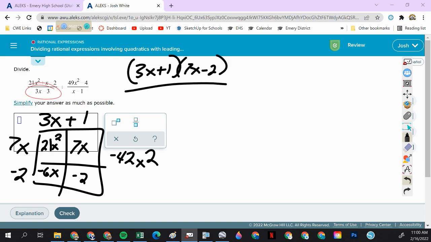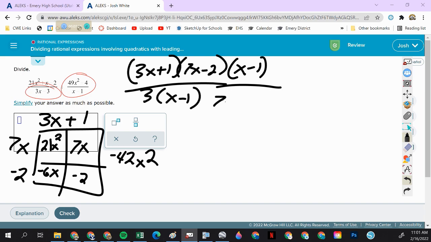The denominator needs a 3 removed. And this is a divide, so I'm going to flip it upside down. The x minus 1 comes up to the top. And how does 49x squared minus 4 factor? It factors into conjugates 7x plus 2 and 7x minus 2.